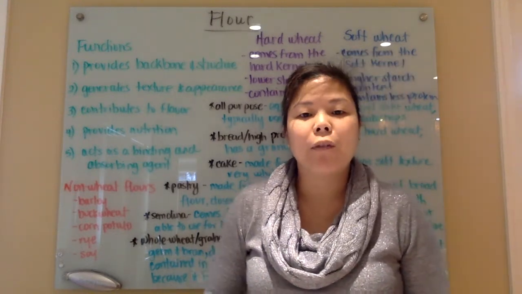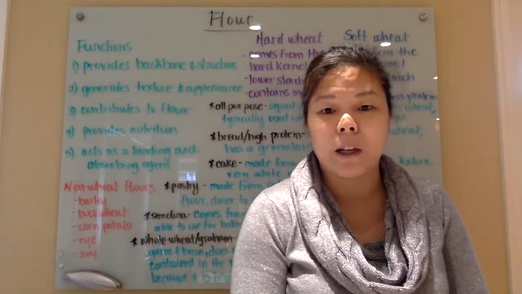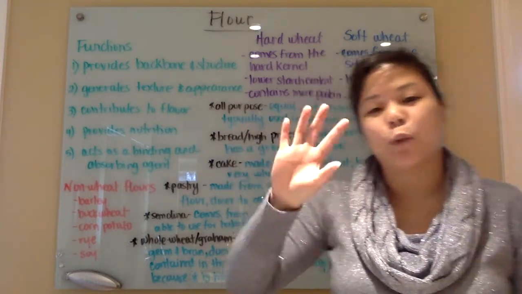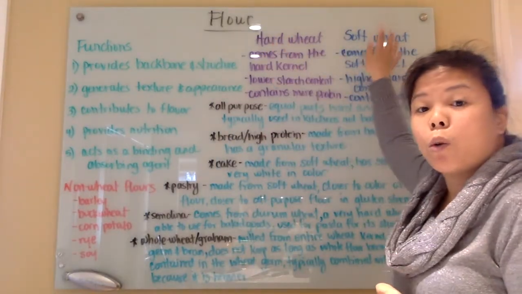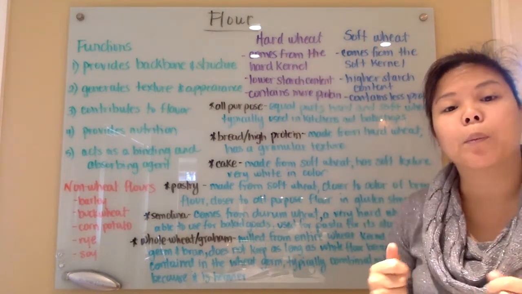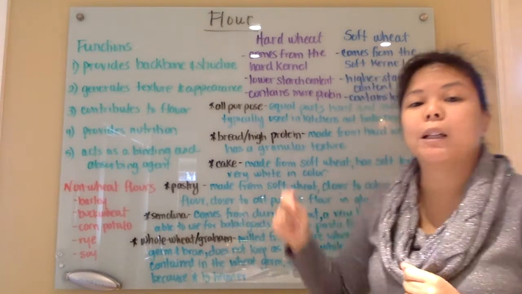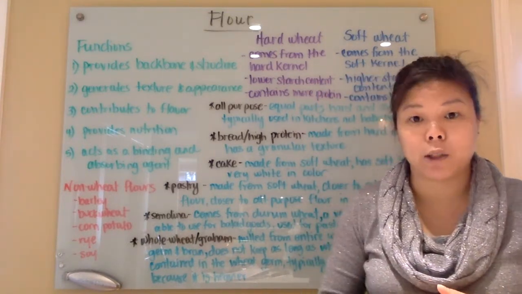Flour typically comes from two different types of wheat sources: a hard wheat or a soft wheat. Hard wheats come from the hard parts of the kernel, and typically have a lower starch content and contain more protein.